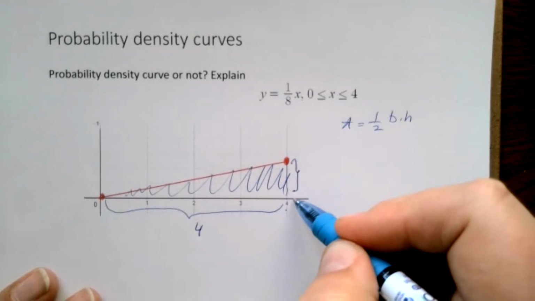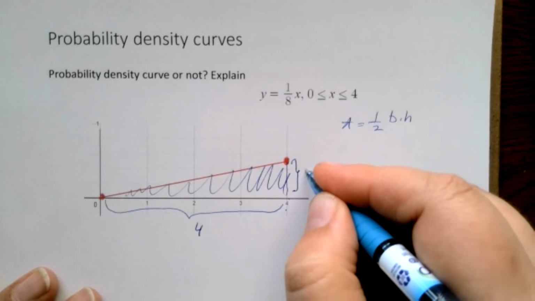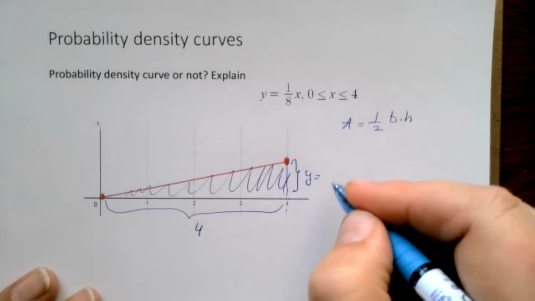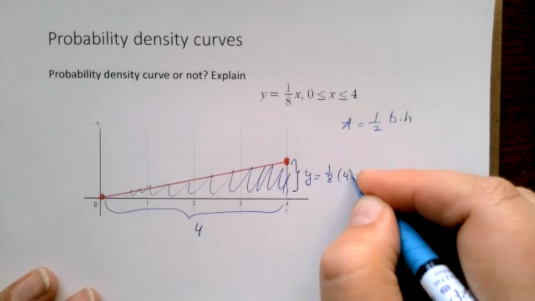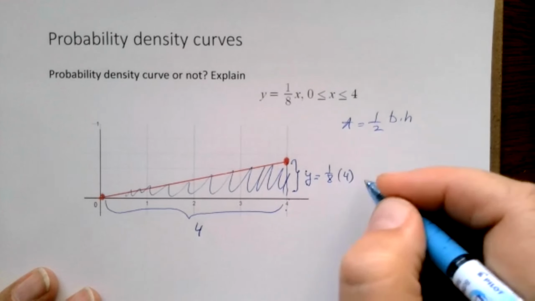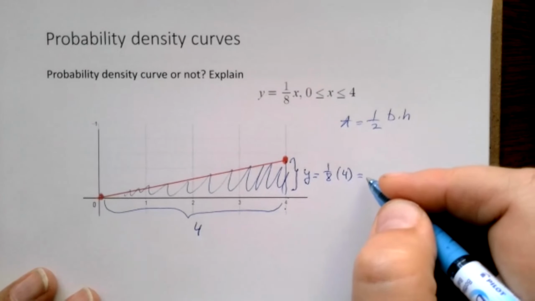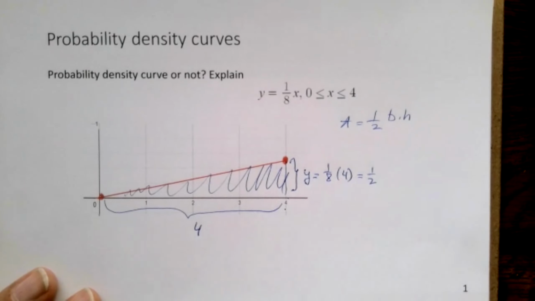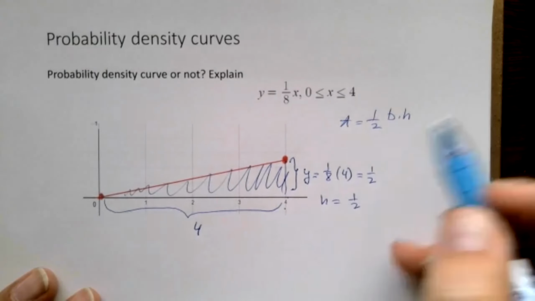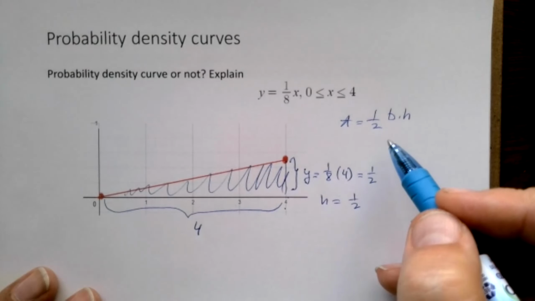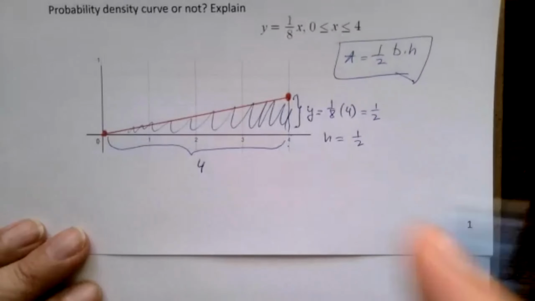Well, the height is the y value when x equals 4. So what is that y value? It's 1/8 times 4, and that will be equal to 4/8, which is 1/2 when simplified. So basically, the height of this triangle is 1/2. So let's put this information into our formula. I'm going to write below here.